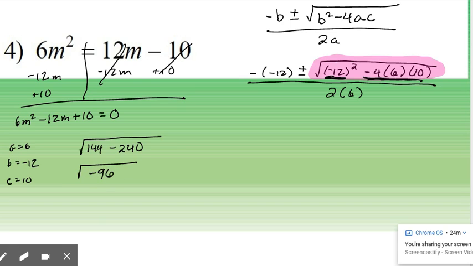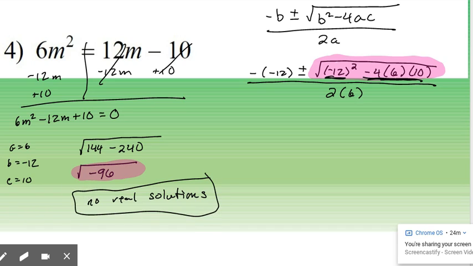Well, guys, remember, that's a problem. That is a major problem. We cannot square root a negative number. I can't square root it. Okay? So this would be no real solutions. And you are done with the problem.